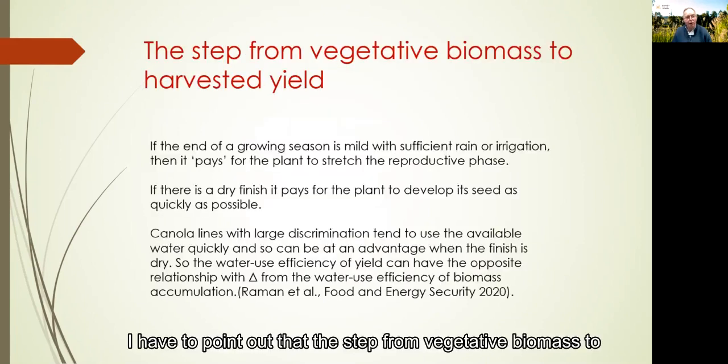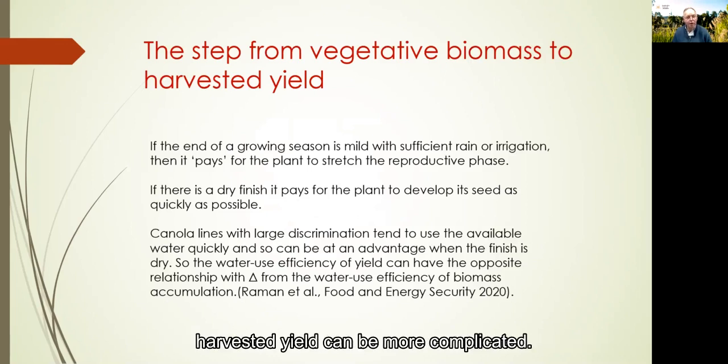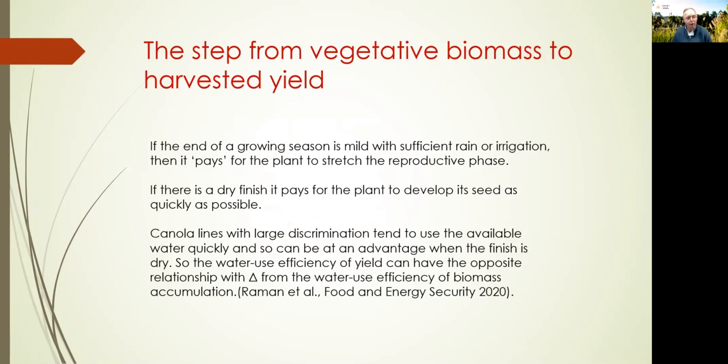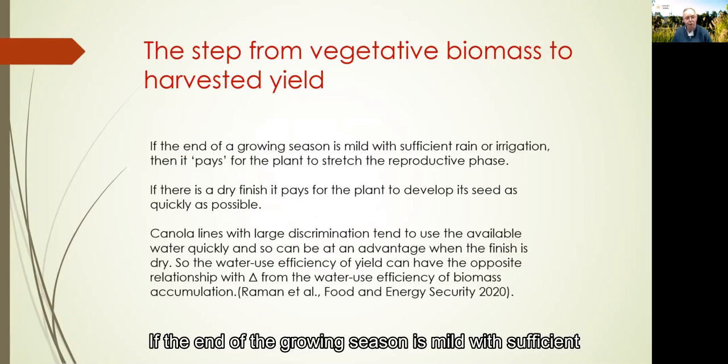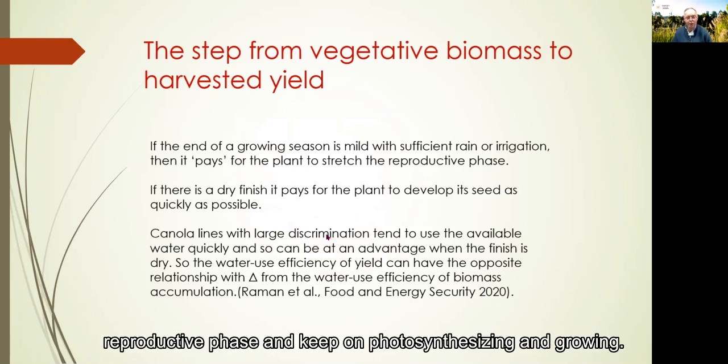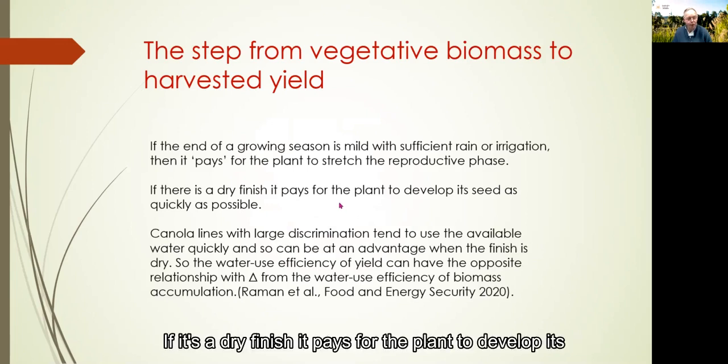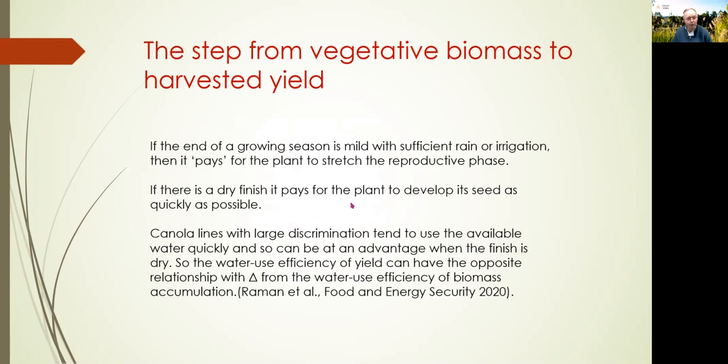I have to point out that the step from vegetative biomass to harvested yield can be more complicated. If the end of the growing season is mild with sufficient rain and irrigation, then it pays for the plant to stretch the reproductive phase and keep on photosynthesizing and growing. If it's a dry finish, it pays for the plant to develop its seed as quickly as possible.